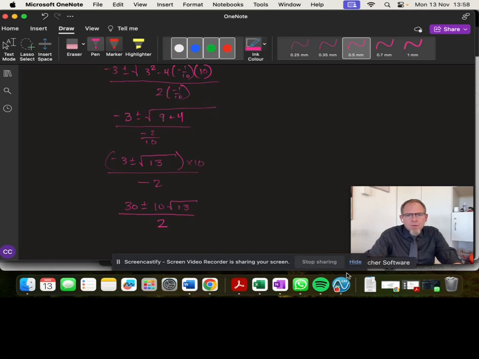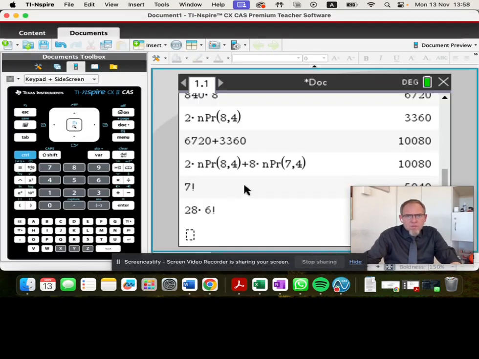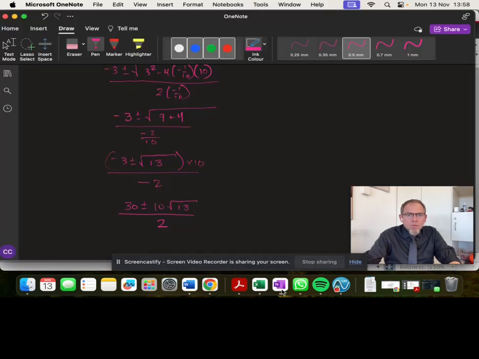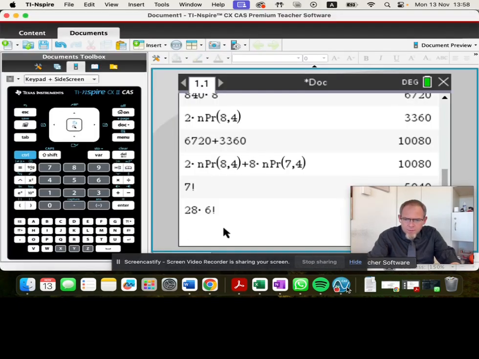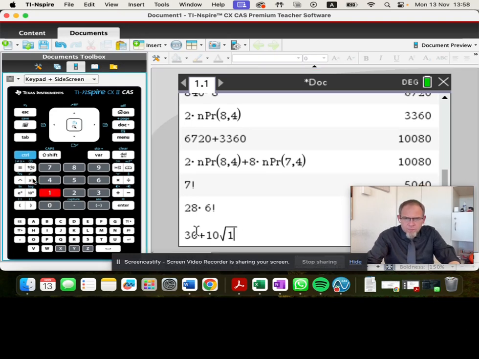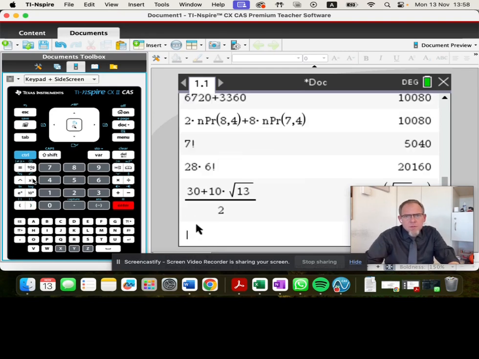So to do that, I'm going to use my calculator because I am somewhat lazy. All right, what was my values? Okay. So I've got 30 plus 10 square roots of 13, and I'm going to divide all of that by 2.